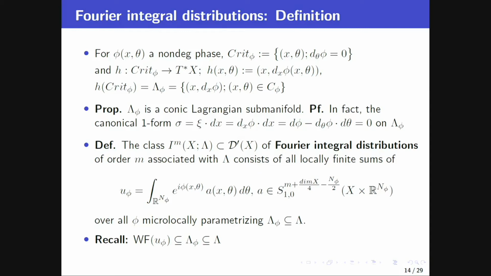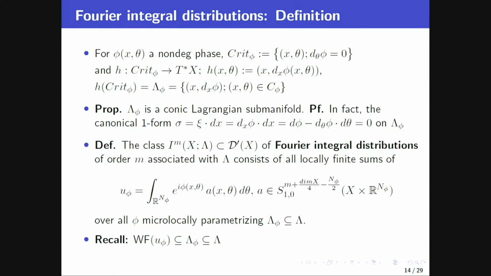We're going to show that this is a conic Lagrangian. So it's conic because phi is homogeneous of degree 1, since it's a non-degenerate phase function. And it's Lagrangian because, let's look at this simple calculation, the canonical one-form is going to vanish on lambda phi. So remember, we define this as xi dx, but xi here is dx phi. So this is dx phi dx. Formally, this is the differential in phi minus the differential in theta.